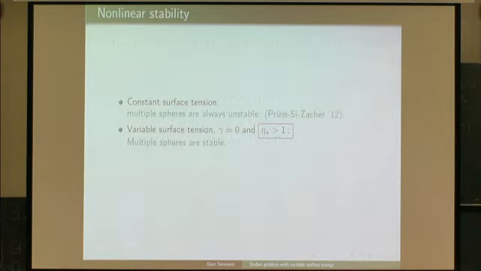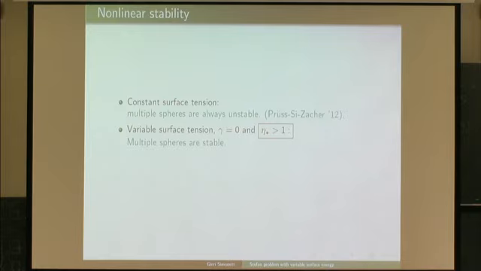And so this will be my last slide, and I think I can just beat the 10 past. So if you have constant surface tension, then what comes out is, if you have one sphere, you look at whether or not you are at a maximum of the entropy functional.